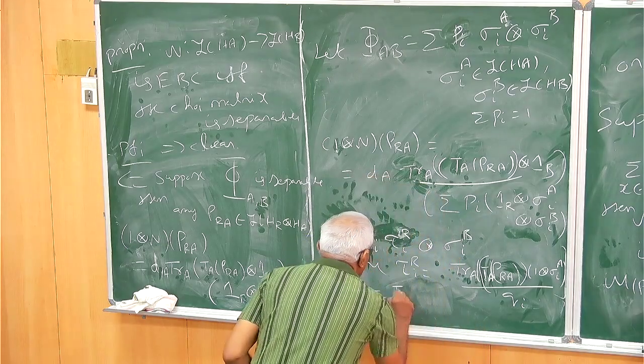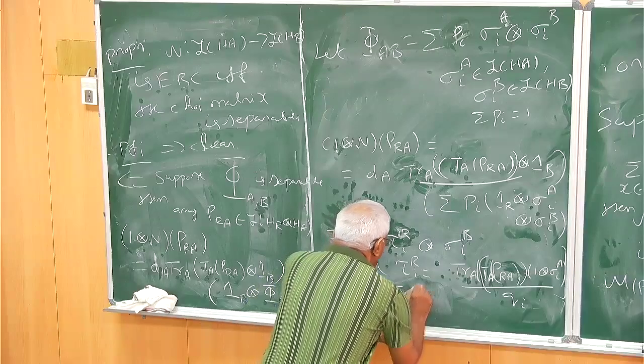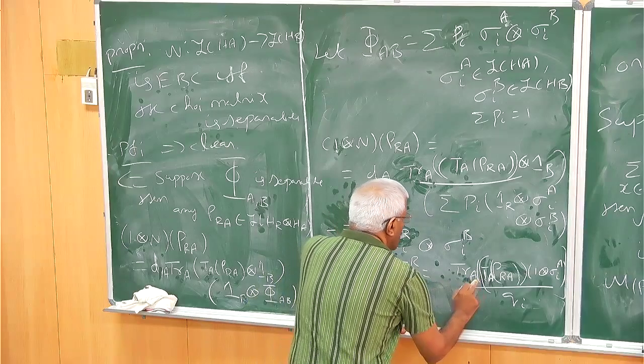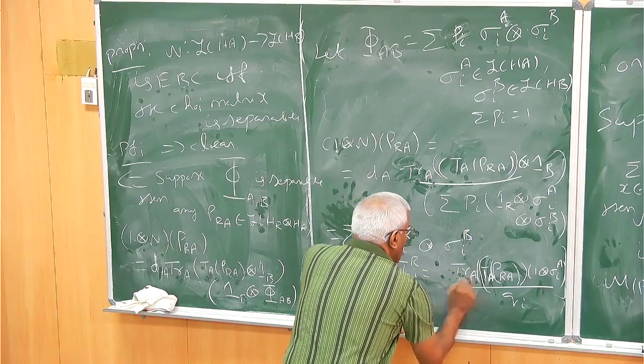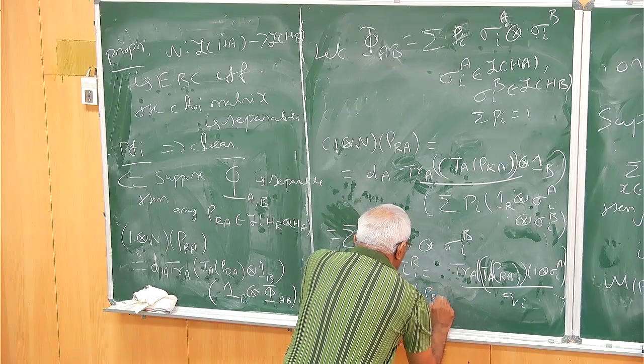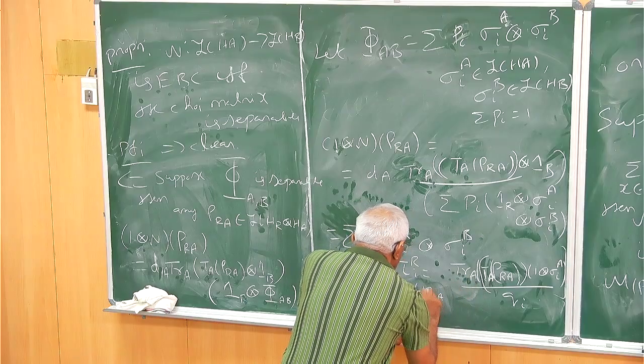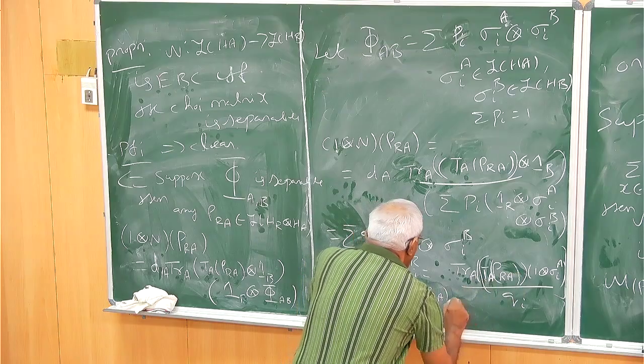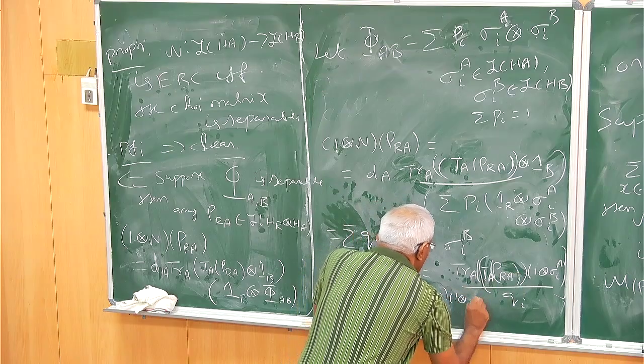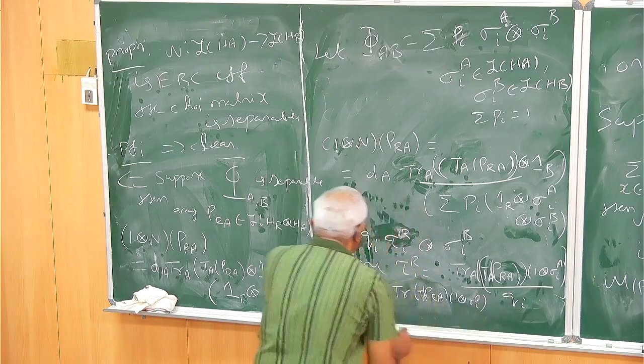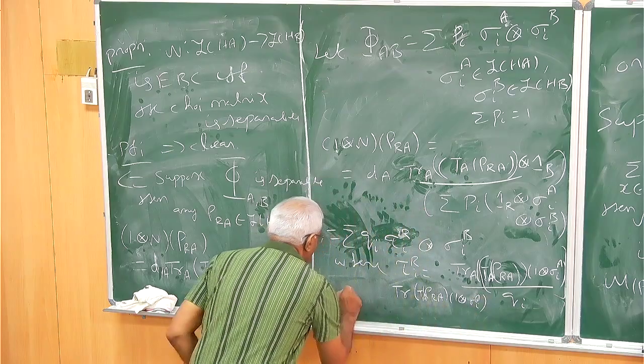Trace of rho RA of this times 1 tensor sigma A. And then there are some scalars.